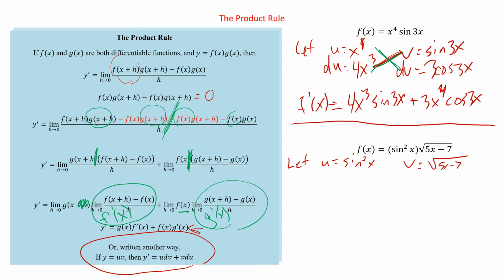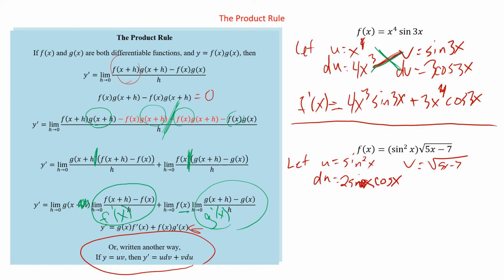And so notice in doing this, we're practicing all those derivatives that we've learned so far. du, sine squared of x, that's sine of x squared. So we have something squared, so that's going to be 2 sine of x times cosine of x.